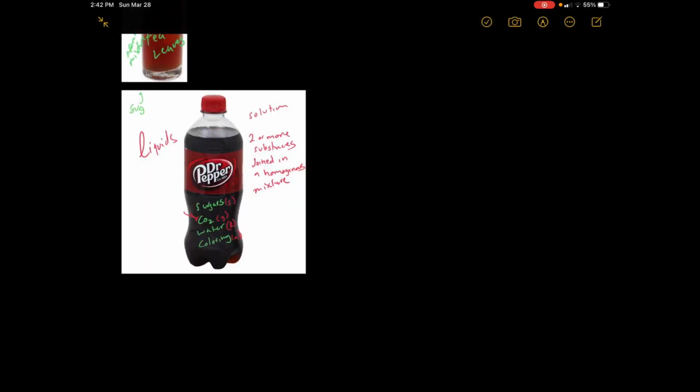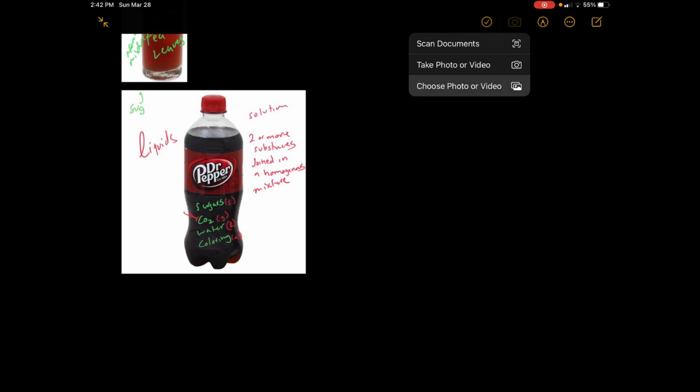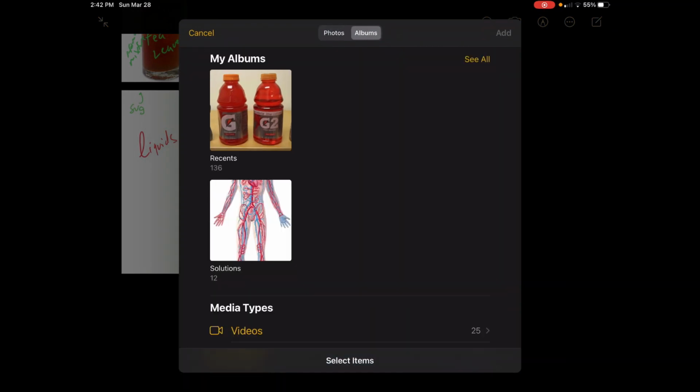Another solution, which involves solids specifically, is salt water. The sugar was a solid in the other one, but this one we know specifically.